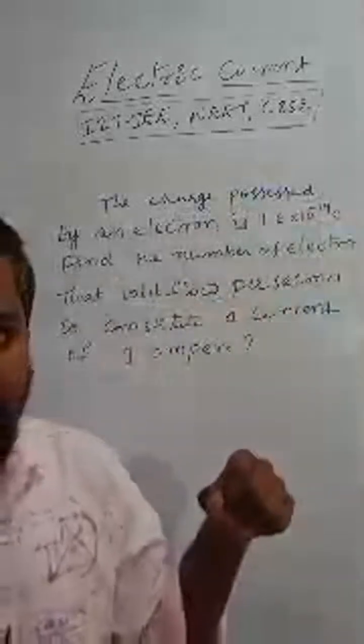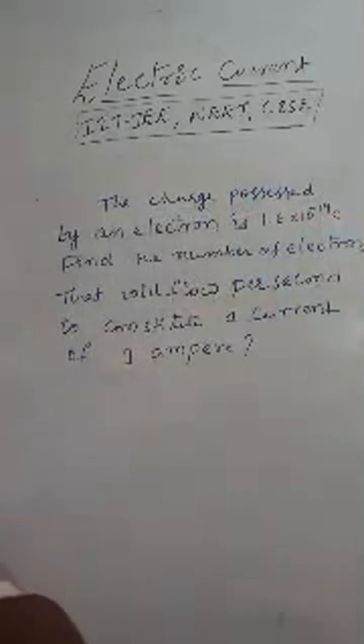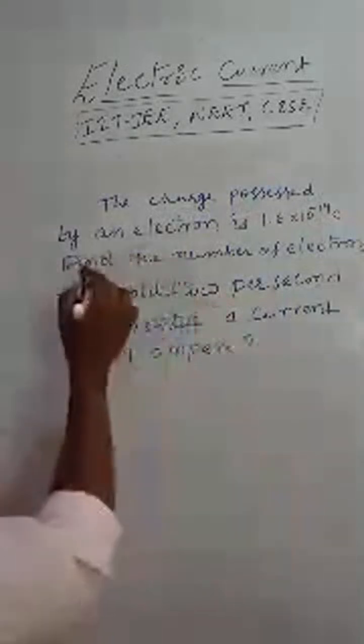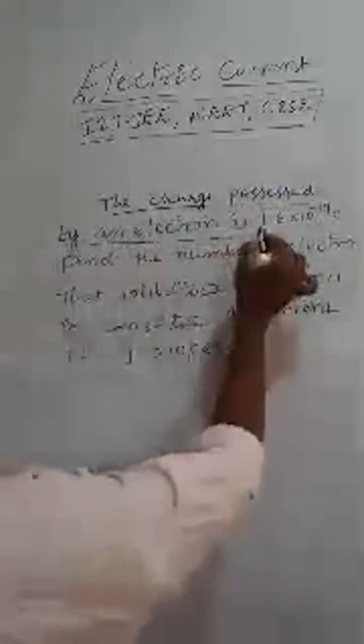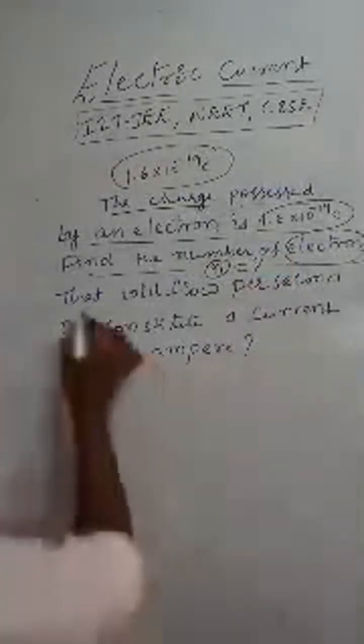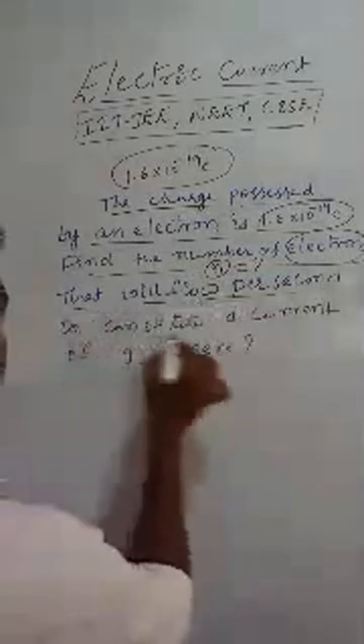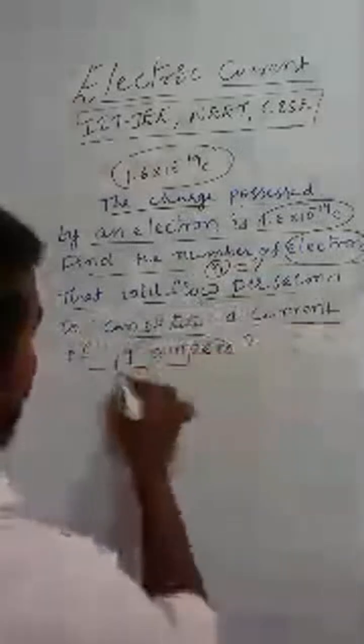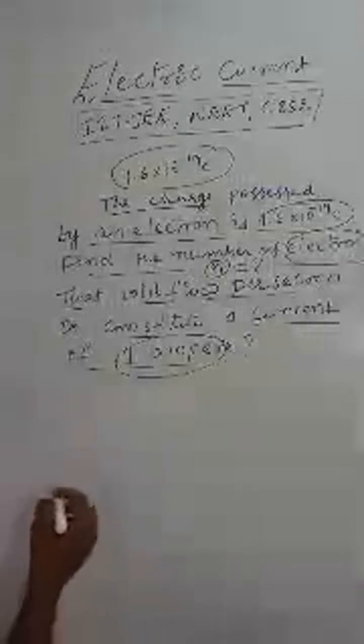Once again I am reading the question: the charge possessed by an electron is 1.6 into 10 power minus 19 coulomb, and we need to find the number of electrons that will flow per second to constitute a current of 1 ampere.